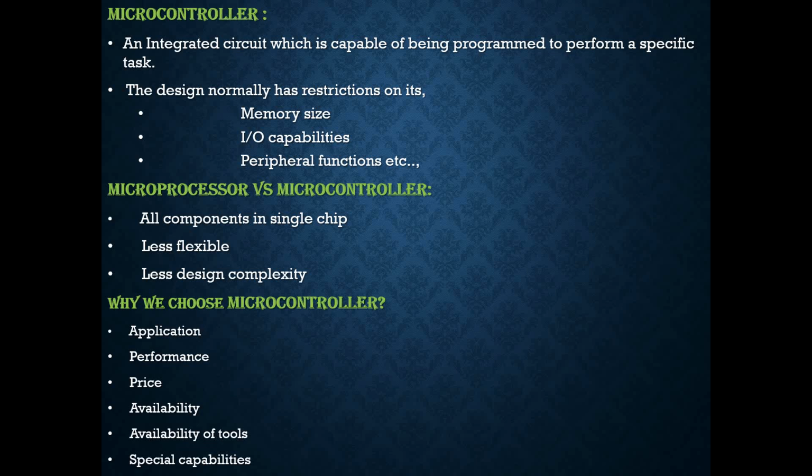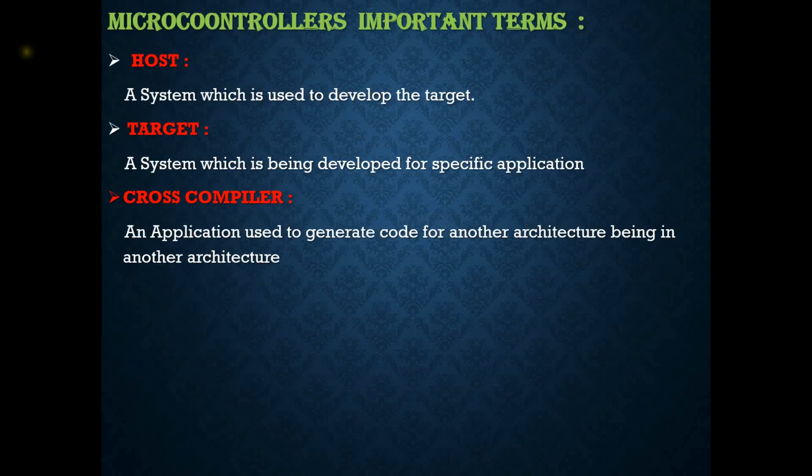Compared to the microprocessor, in the microcontroller all components are in a single chip, less flexible, less design complexity. Why do we choose a microcontroller? Applications, performance, price, availability of tools, special capabilities. These are the reasons why we choose the microcontroller.